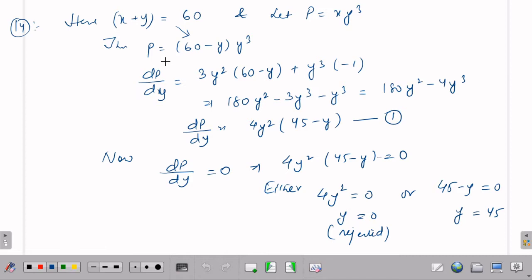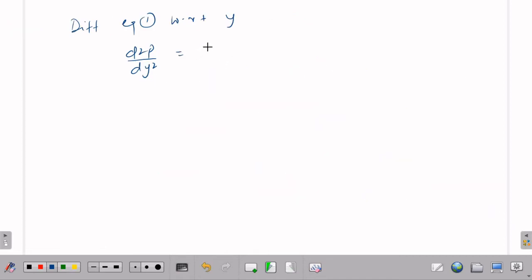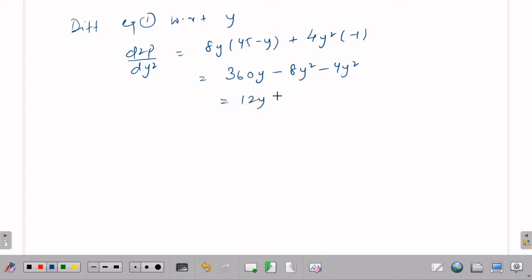Your equation 1 was 4y squared into 45 minus y, so which would be 8y into 45 minus y plus 4y squared into minus 1, which is 360y minus 8y squared minus 4y squared. So I got this one to be 12y because I can take 12 common and that will be 30 minus y.